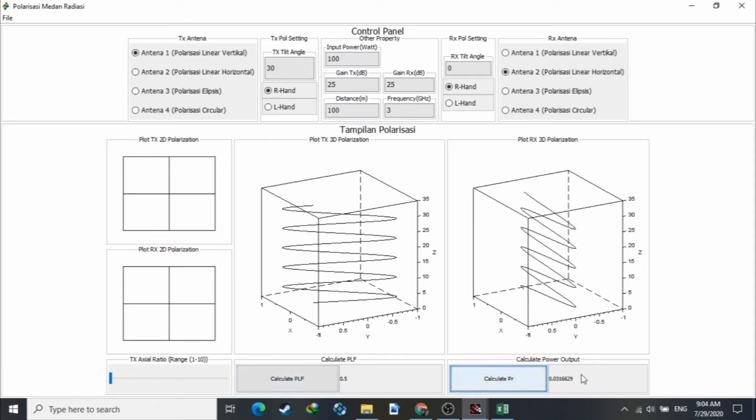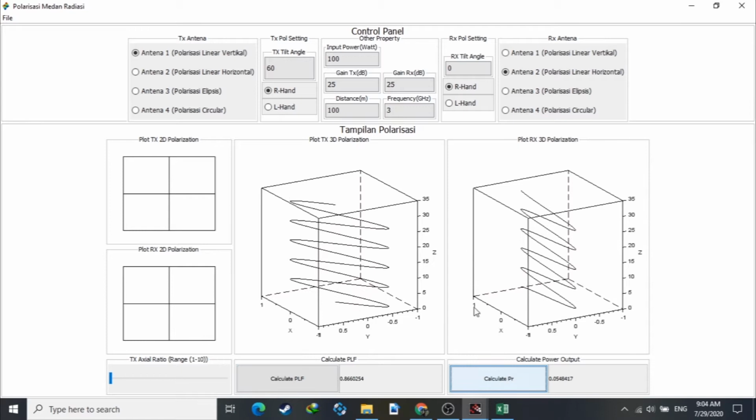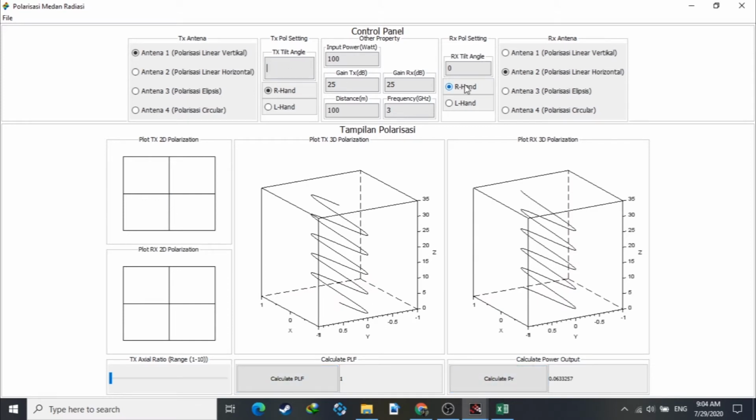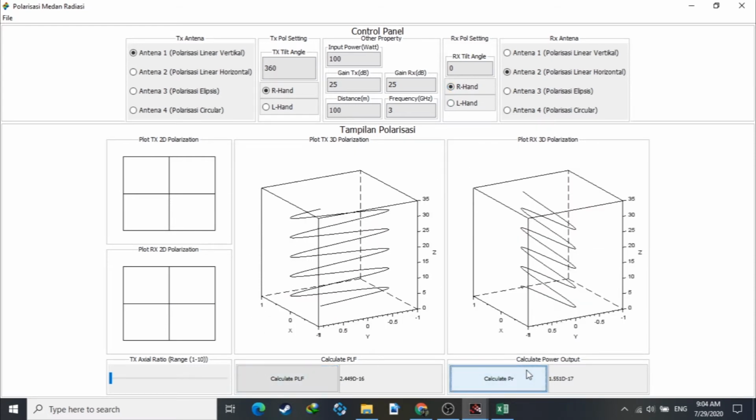This number in here, you're going to write it down in your journal, and then we're going to compare it. And after that, we're going to change into 60 degrees, and it's going up to 360 with a 30 degree interval.